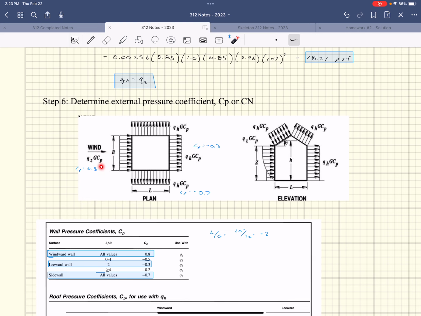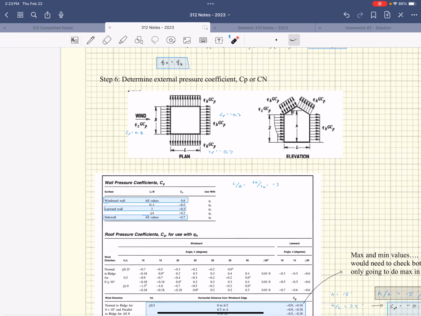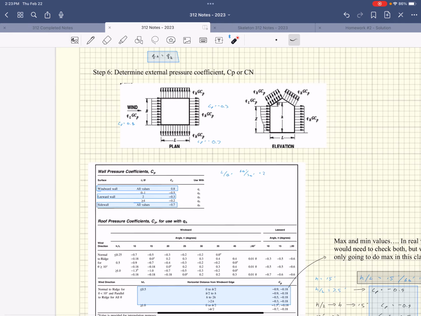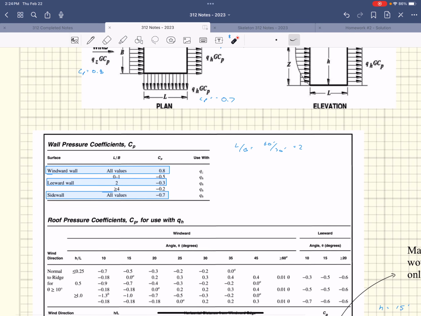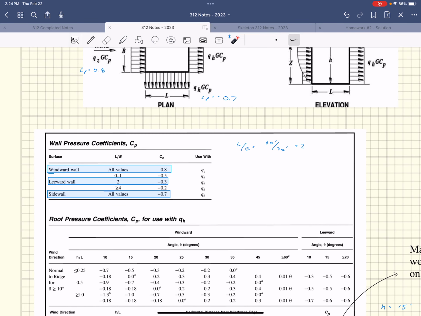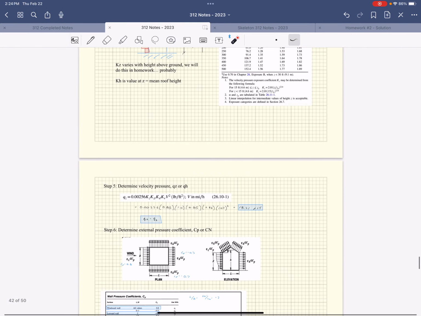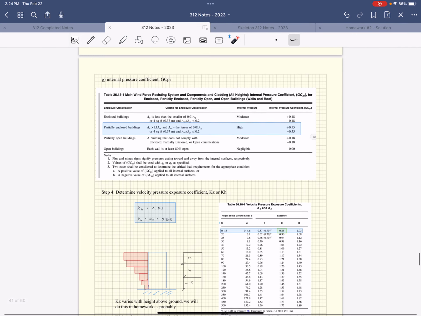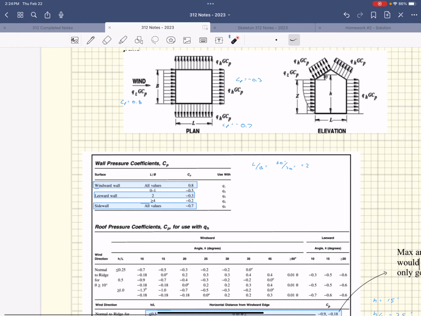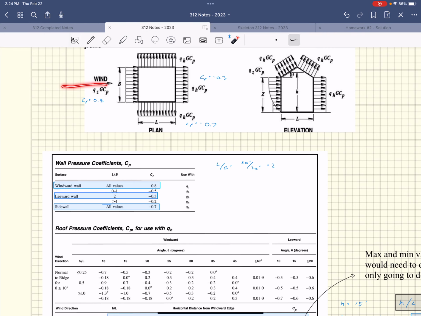Well, what do we use for that CP right there? Well, that CP comes from the following table. Oh, it's just on the next page. You'll have to look up in the notes what that is, but this is just in ASCE chapter 27. And so the wind's coming from this direction.